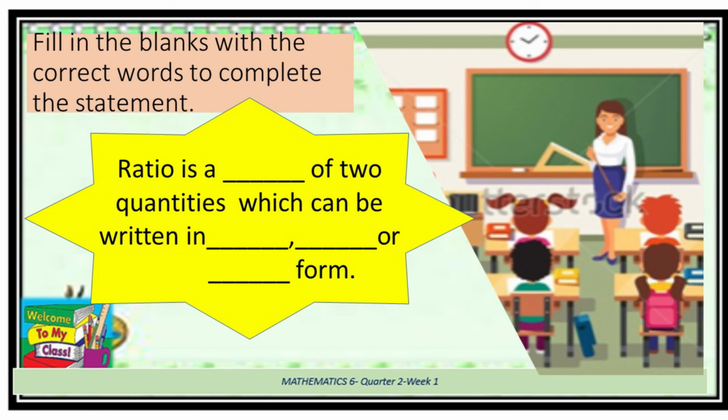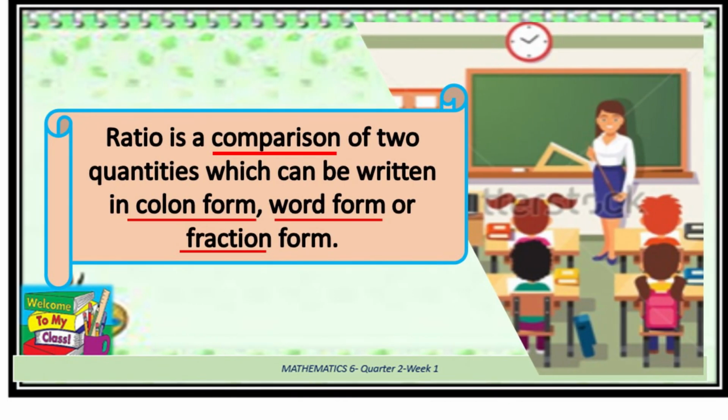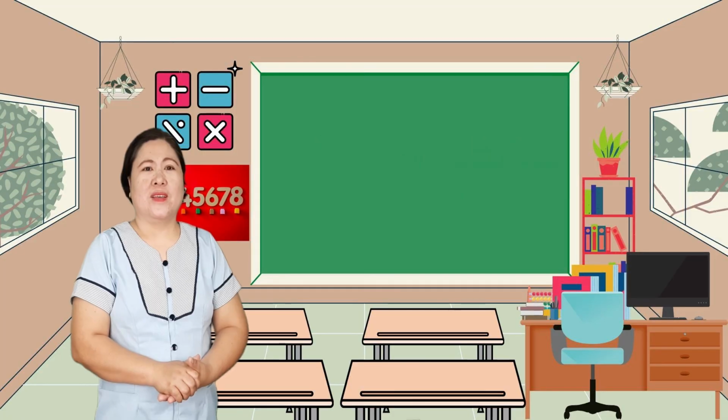Ratio is a blank of quantities which can be written in blank, blank, or blank form. Here is the complete statement. Ratio is a comparison of two quantities which can be written in column, word, or fraction form.